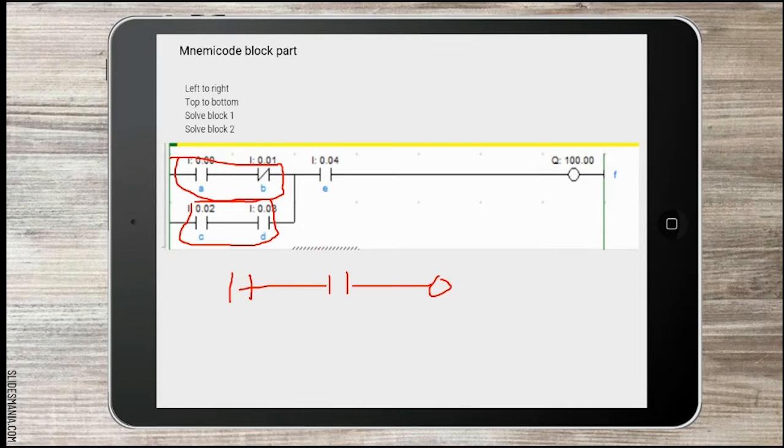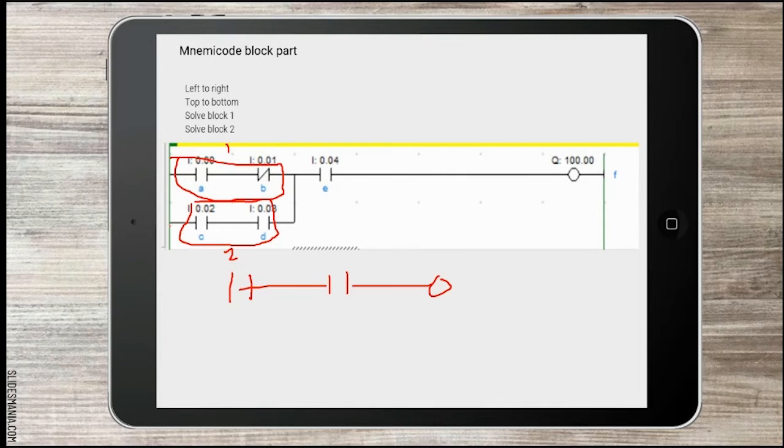Okey. Macam mana saya nak settlekan ni? Saya tengok pada left to right. Okey, left to right, blok pertama. Ni blok pertama, ni blok kedua. Okey, blok pertama adalah A dengan B. Kat A ni adalah LD, load, sebab dia mula-mula. Lepas tu B, AND NOT. Okey, tu blok pertama.